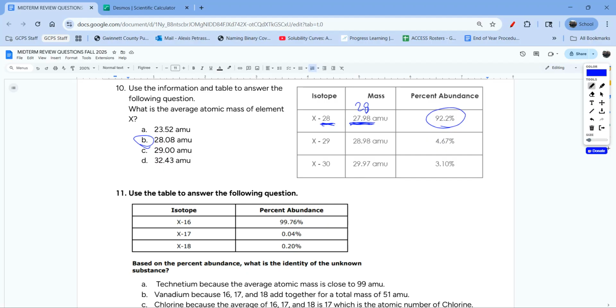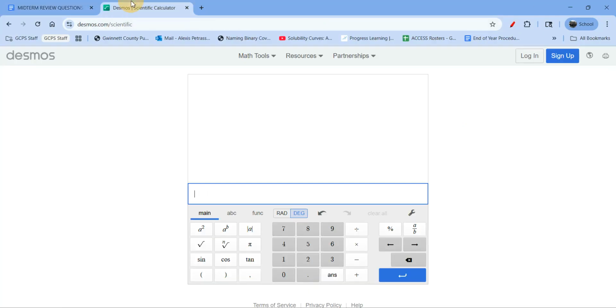Okay, so I'm going to do this in the Desmos to help you all. I'm just pulling out my paper so I can see the numbers. So you can enter it all at the same time. Just make sure you use parentheses if you do. You're going to do mass times percent plus mass times percent plus mass times percent because we have 3 isotopes.